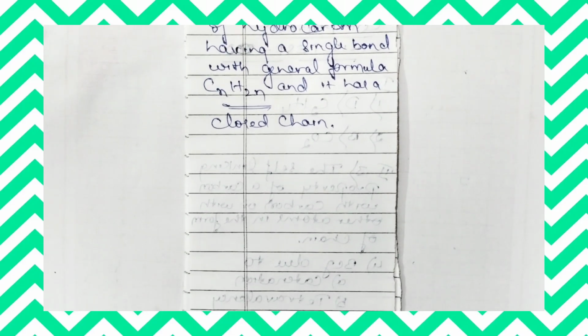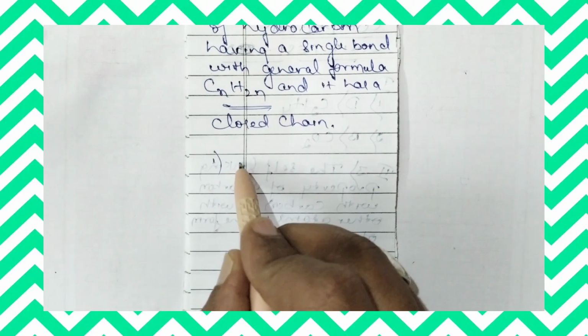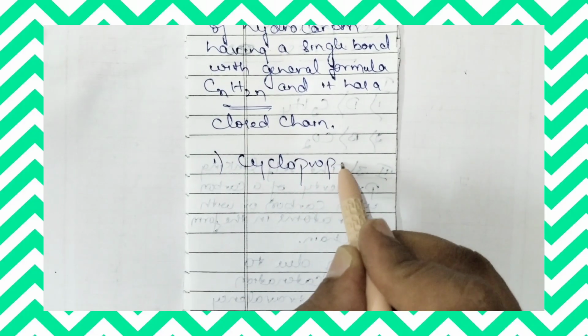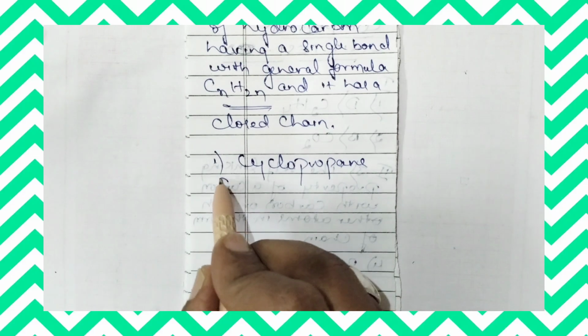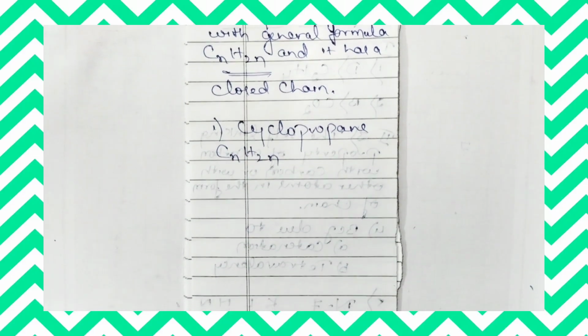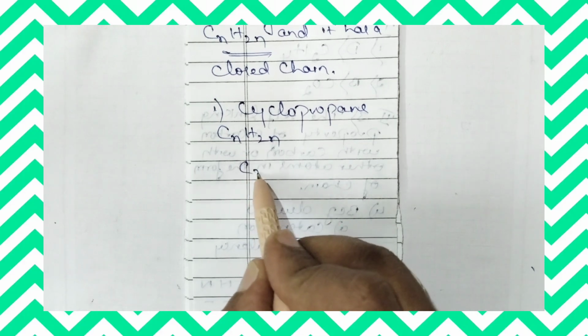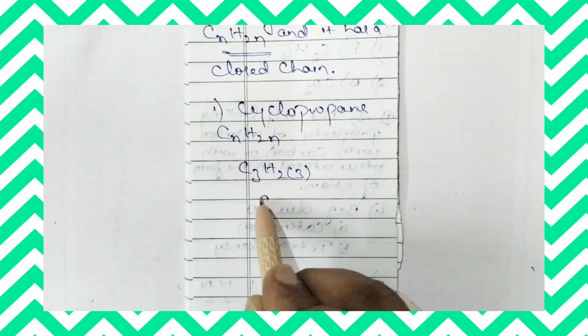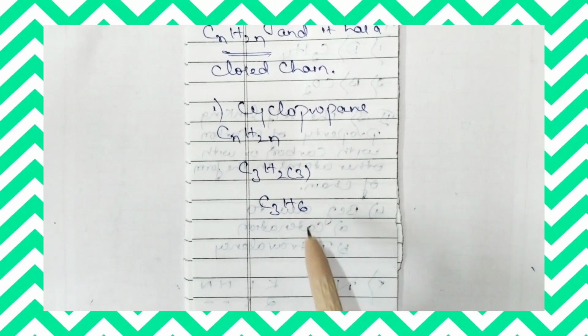Then, write the structure of cyclopropane, they have given. General formula CnH2n. Prop means carbon 3, C3, H2 into 3, so C3H6.